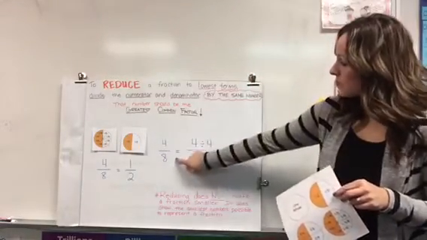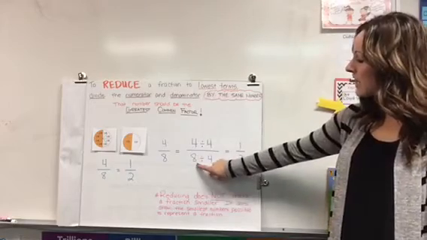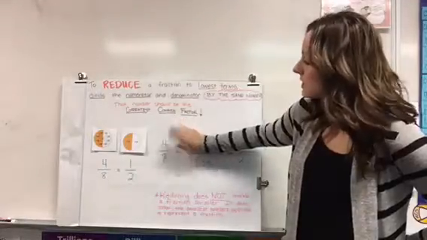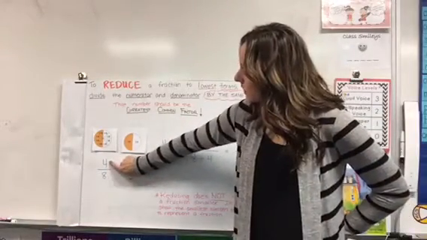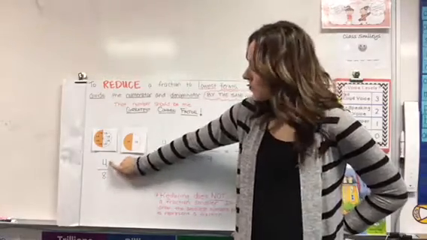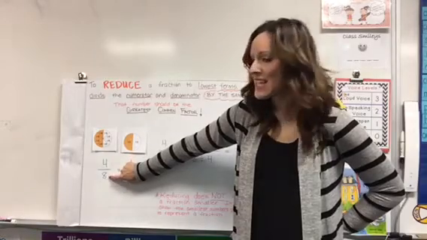The reason is because if you take 4/8 and you divide the numerator and the denominator by the greatest common factor, and I found out that the greatest common factor of 4 and 8 is 4. 4 is the biggest number that goes into 4 and 8 evenly.